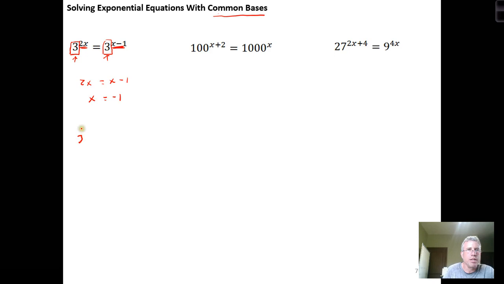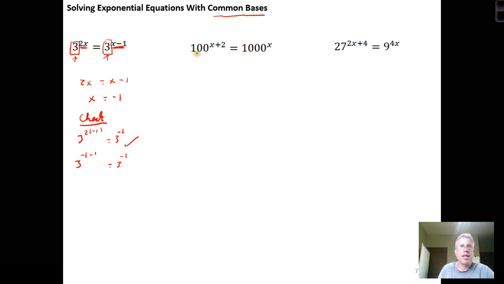So we get 3 to the 2 times -1, which equals 3 to the -2. And if I plug -1 into the other expression, I get 3 to the -1 minus 1. -1 minus 1 is -2, so 3 to the -2. I get the same result on both sides, so my work checks.